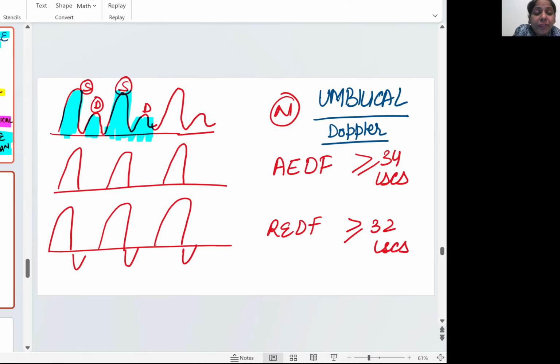If there is no diastolic blood flow, it is known as absent end diastolic flow. What is absent end diastolic flow?